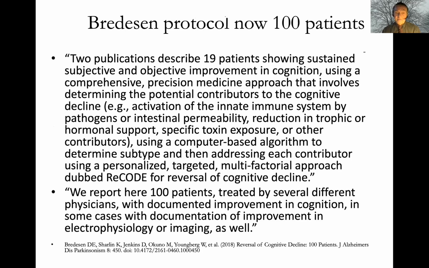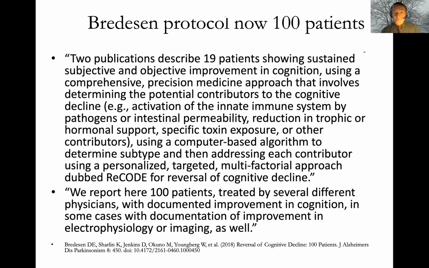And they reported on these patients who were treated by different physicians with better documentation of improvement using imagery and laboratory studies and neuropsychological testing, as well as subjective report and the report of relatives.